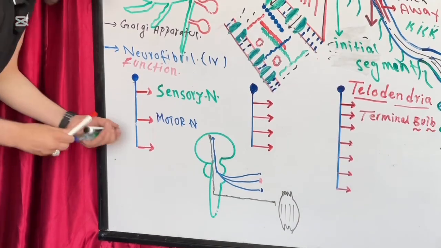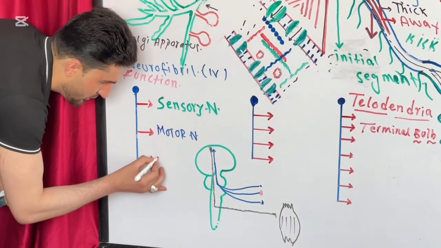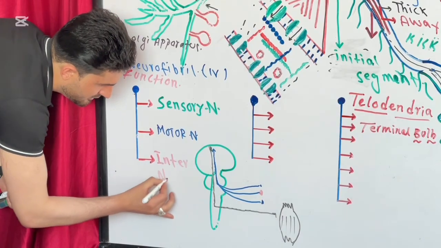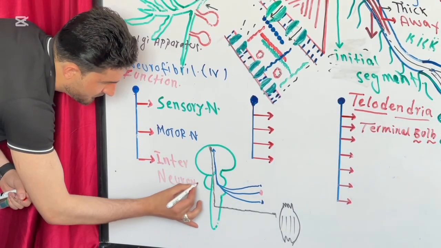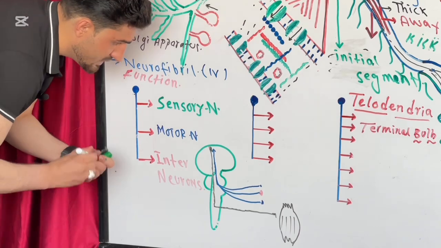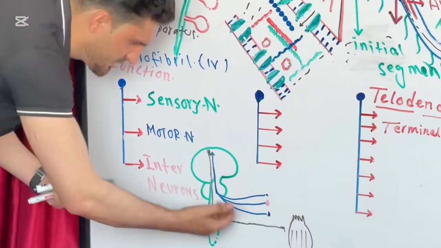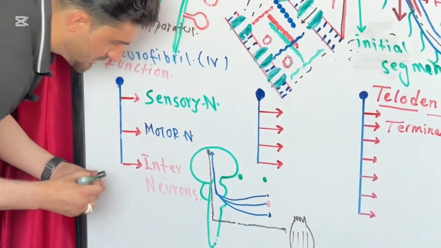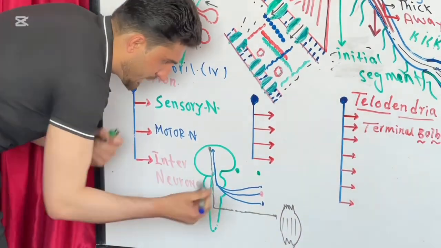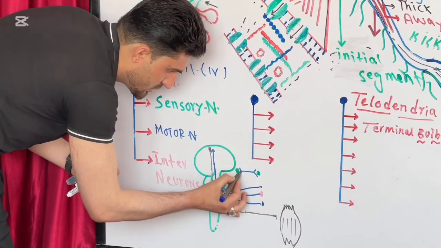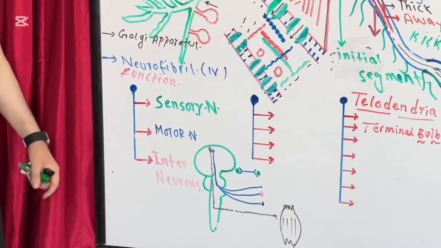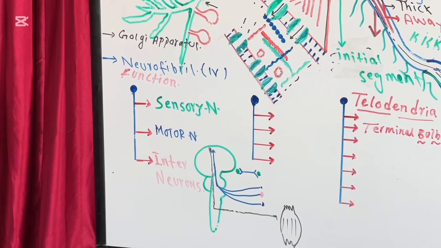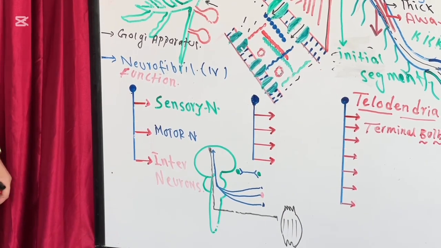Another type is interneurons. We have a lot of them in the central nervous system and spinal cord. Interneurons take place between two neurons and connect two or more neurons together.